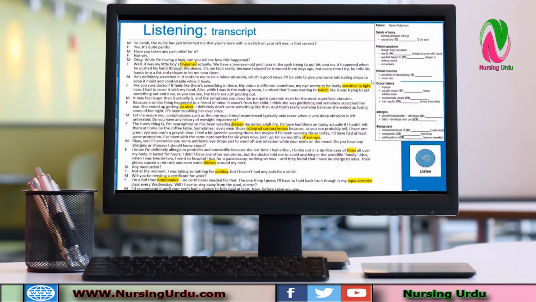It's my fault, really, because I should have trimmed them days ago, but every time I try, he rolls his hands into a fist and refuses to let me near them. He's definitely scratched it. It looks to me to be a minor abrasion, which is good news. I'll be able to give you some lubricating drops to keep it moist and comfortable while it heals. Are you sure, Doctor? It feels like there's something in there.